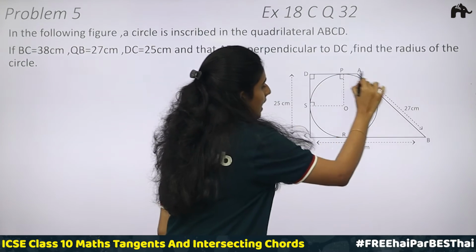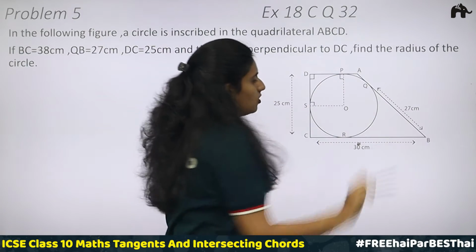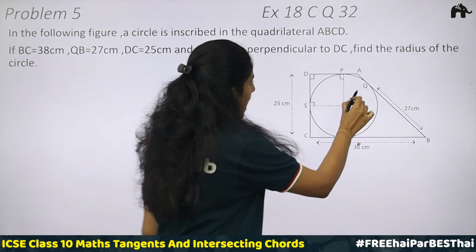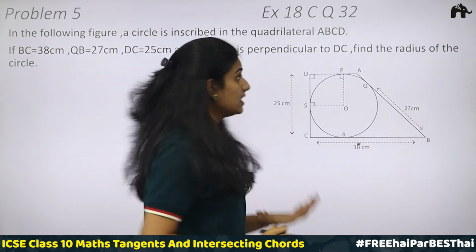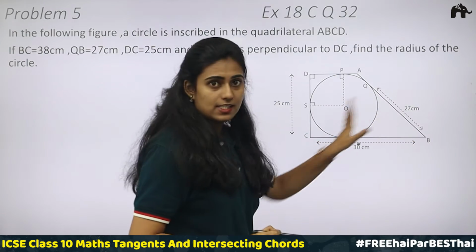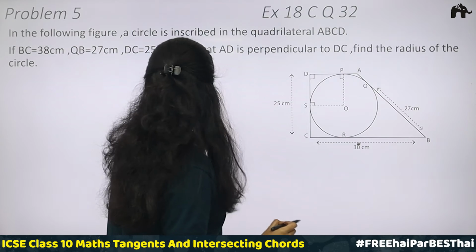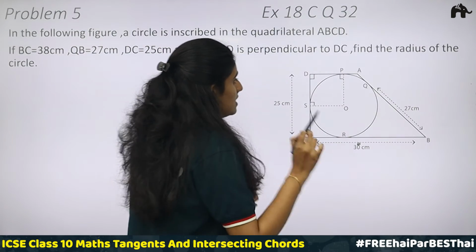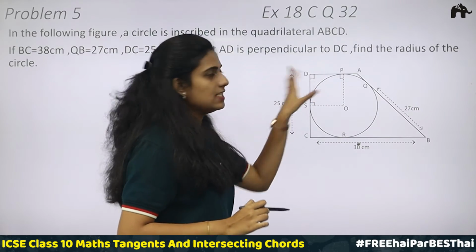You can find quadrilateral ABCD and a circle inscribed within it. BC is given 38 cm. QB is this part, 27 cm. DC is this whole part, which is 25 cm. And AD is perpendicular to DC, so this angle is 90 degrees.